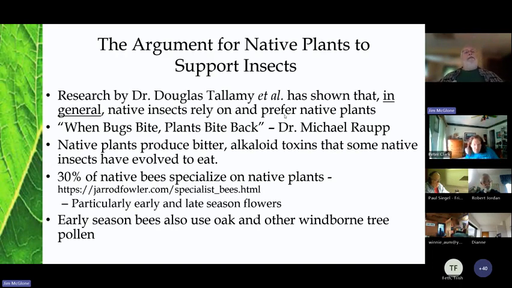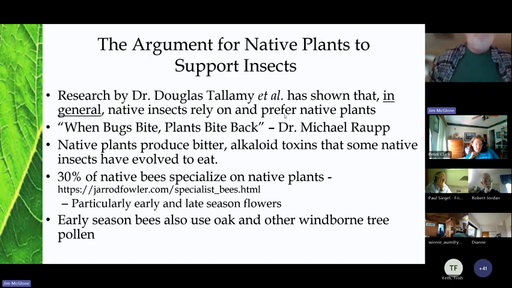And plants produce these bitter alkaloid toxins to reduce herbivory. And with our native plants, we have native insects that have evolved to deal with these chemicals, whereas our native insects are not evolved to deal with the chemicals produced by our non-native plants.